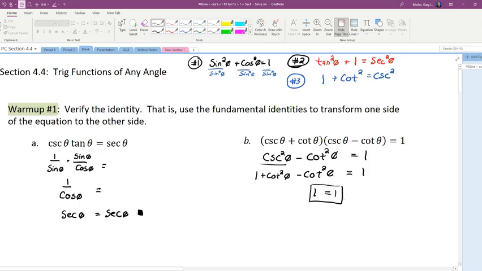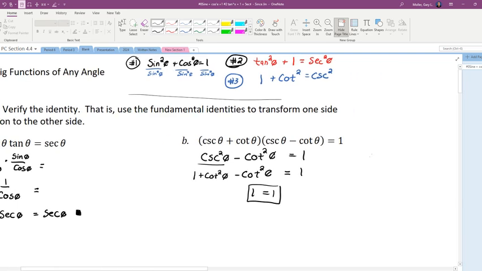All right, on this question, if we were 3 months into this, doing it every day, and we were all experts, I wouldn't feel the need to give any pointers on how I went from step 1 to step 2. But since this is brand new, and maybe I didn't have these notes at the top of the page, this would be a perfect example where, off to the side, we give a hint to whoever reads our problem: don't forget that cosecant squared theta is equal to 1 plus cotangent squared theta.